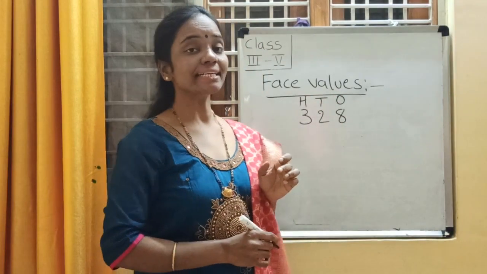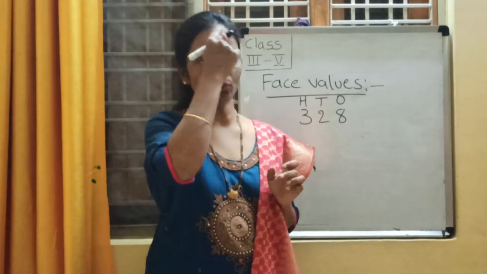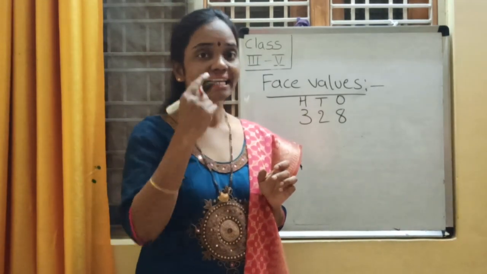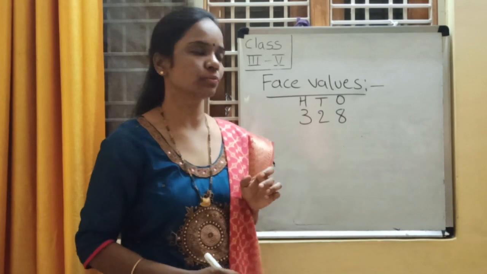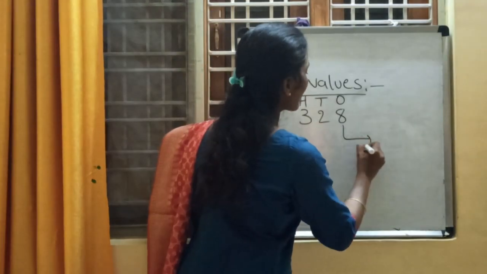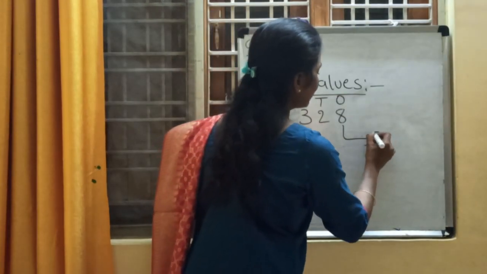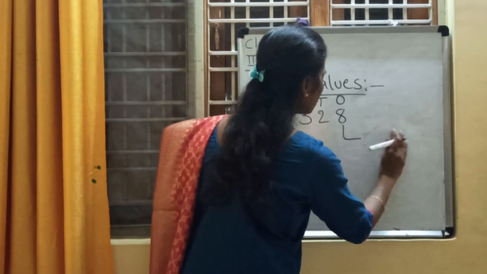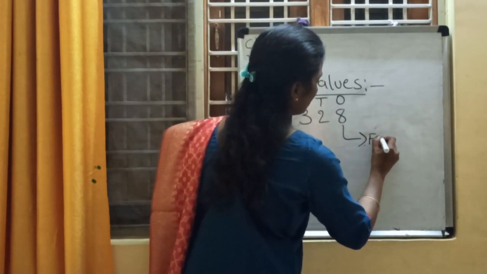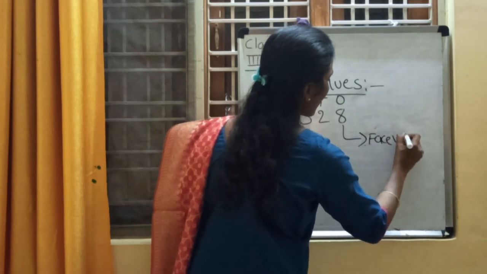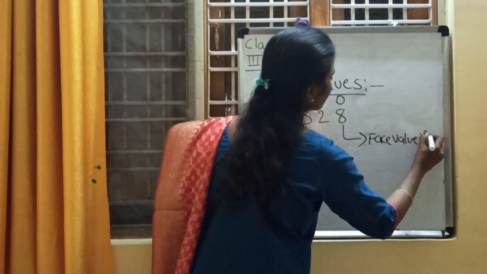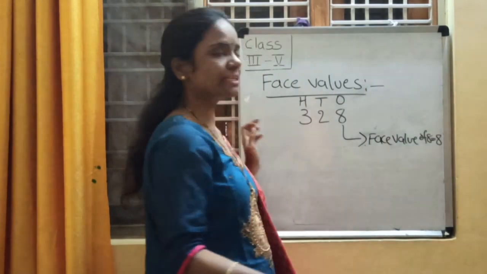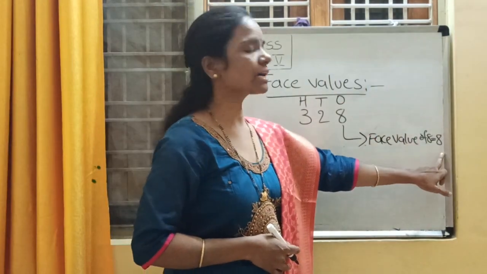Now I am going to write face value, not place value. It is F for face value. So what is the face value of 8? Face value of 8 is 8 only. The same number will come.